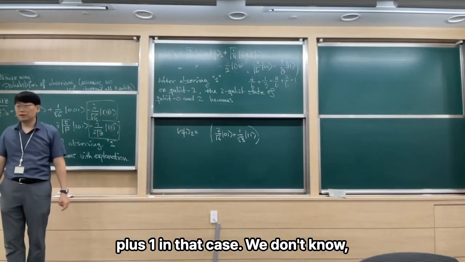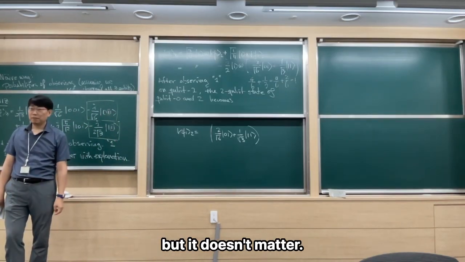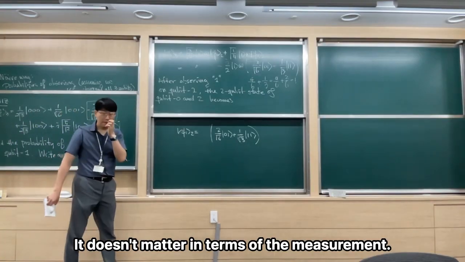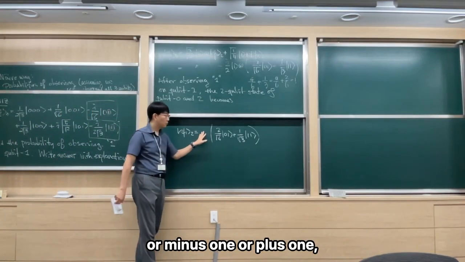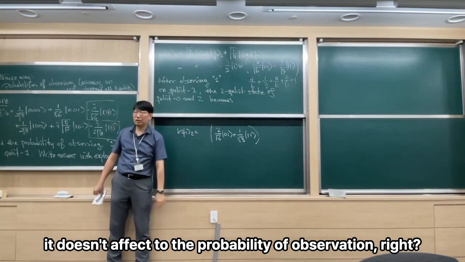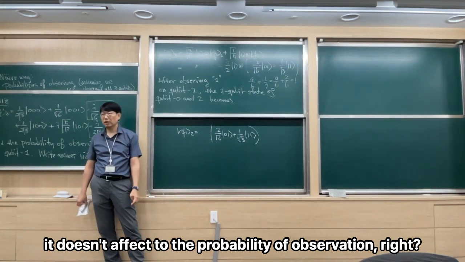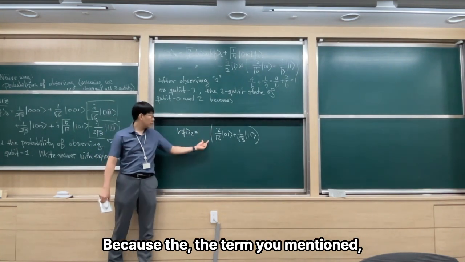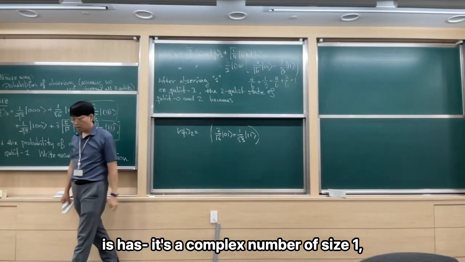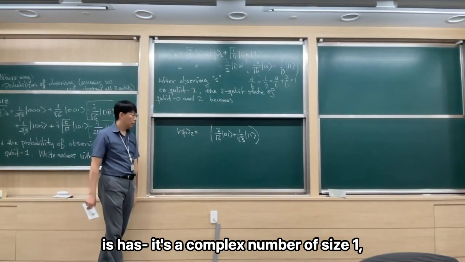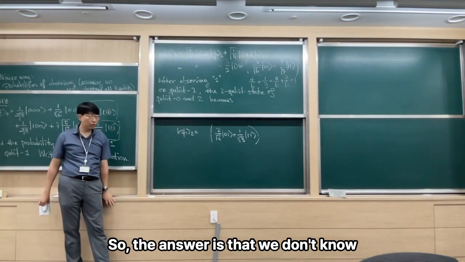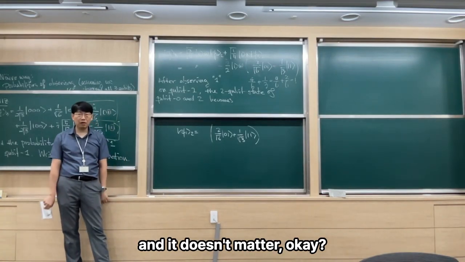We don't know. But it doesn't matter in terms of the measurement, because whether you have minus i, or minus 1, or plus 1, it doesn't affect the probability of the observation. The term we mentioned here is a complex number of size 1, so it doesn't affect the probability. So the answer is we don't know, and it doesn't matter.